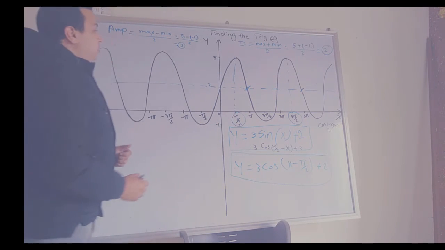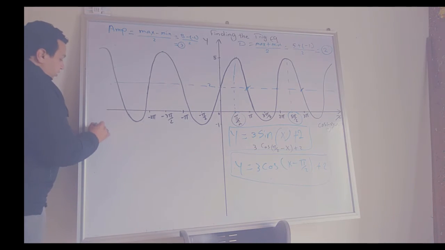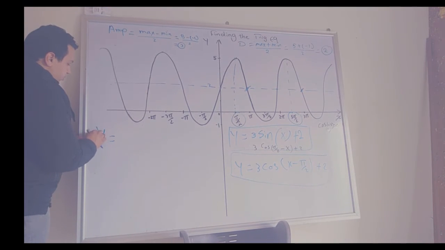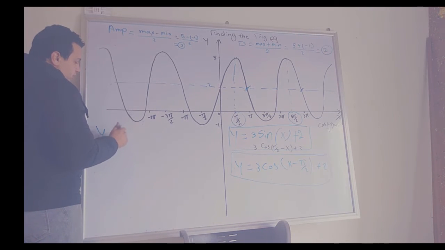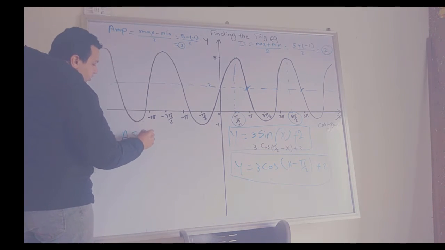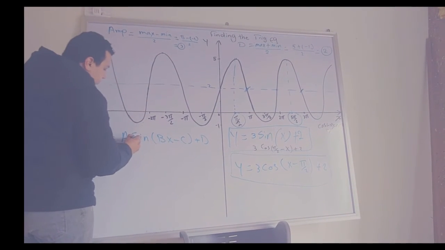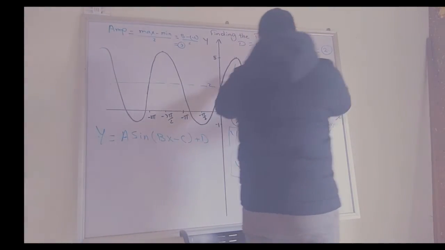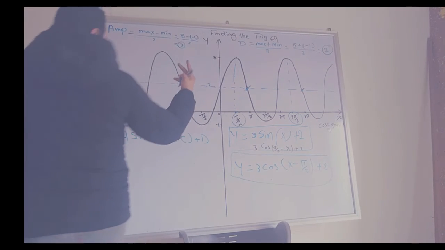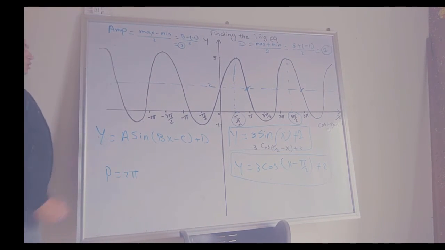Okay? Then I'm going to use the sine formula, y equals a sine bx minus c, all plus d. Actually, I started from this point, and our period is 2 pi, so b equals 1.